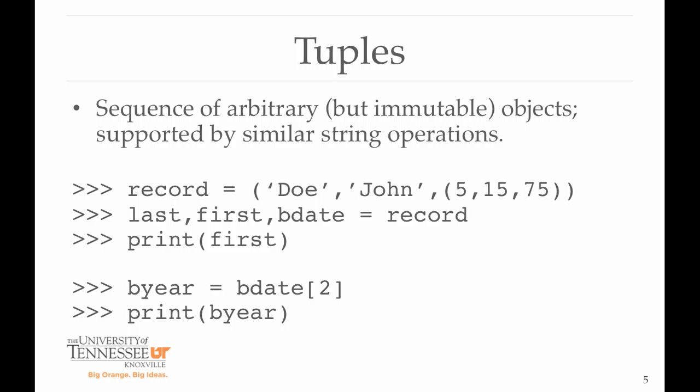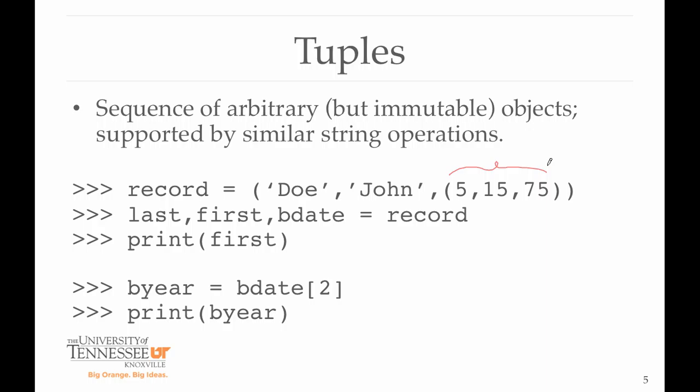And then what's interesting here is we actually have a tuple within a tuple. So the 3rd object in the record is actually a tuple itself, and it's representing a date. So it's 3 integers being used to represent a date, which is very common when you think of filling forms out. So that probably represents, most likely, May 15th, 1975.